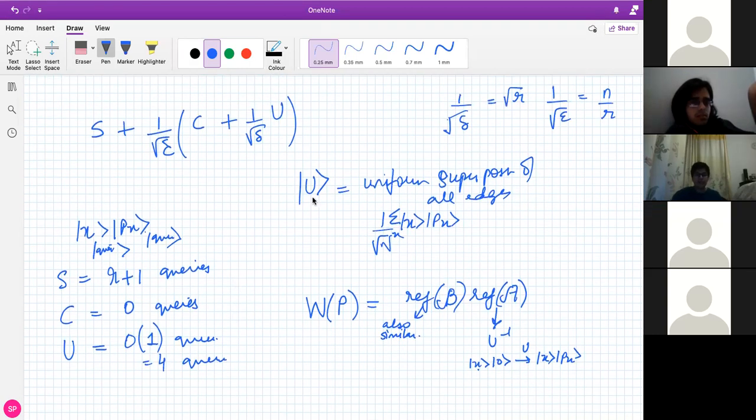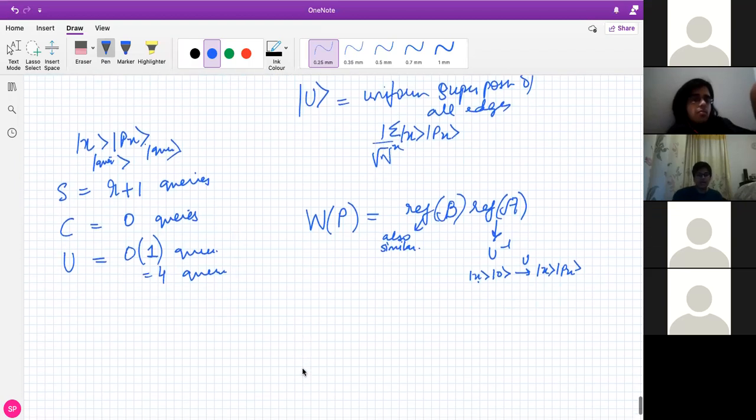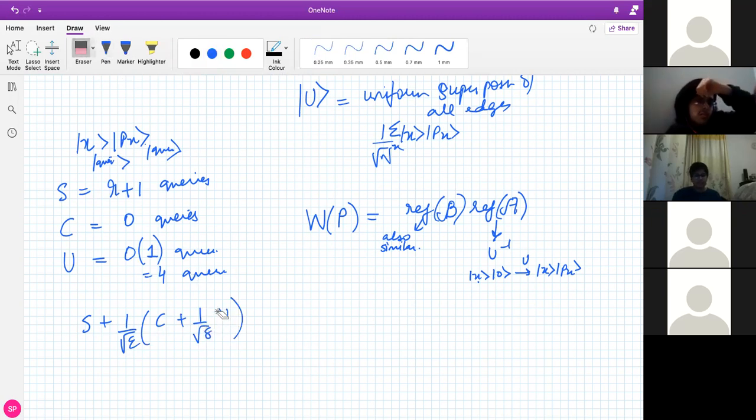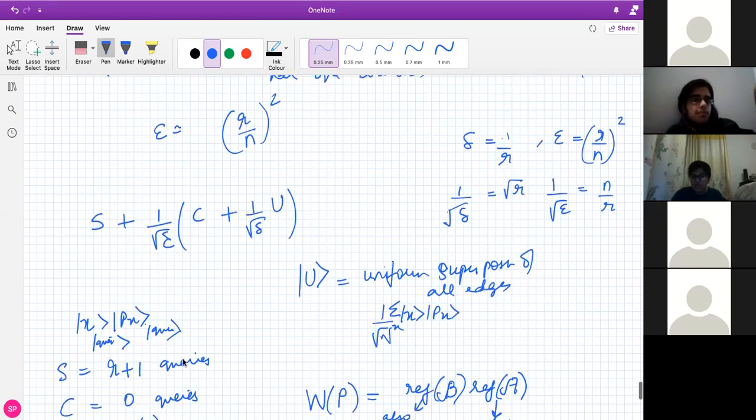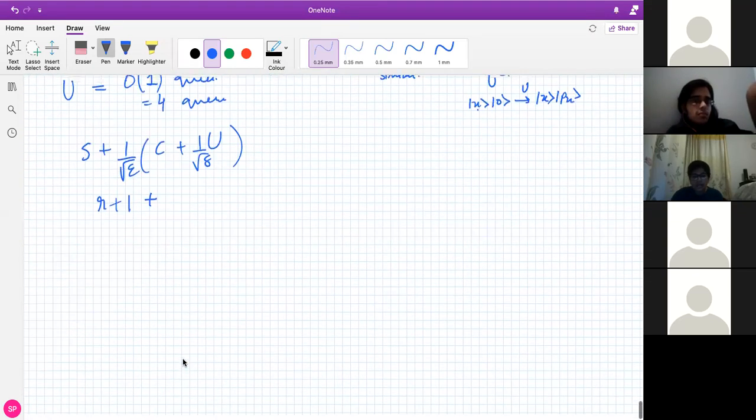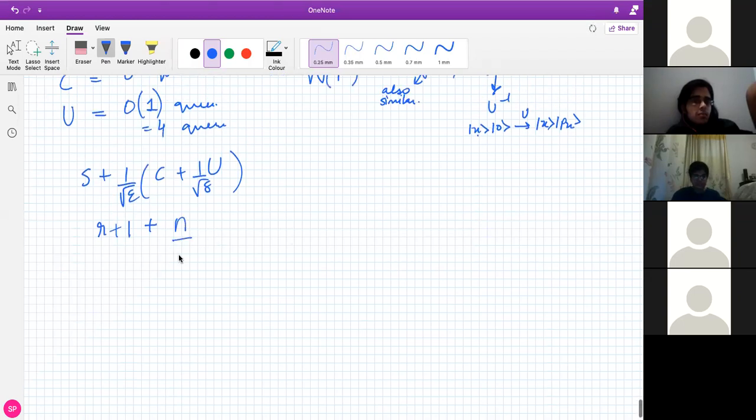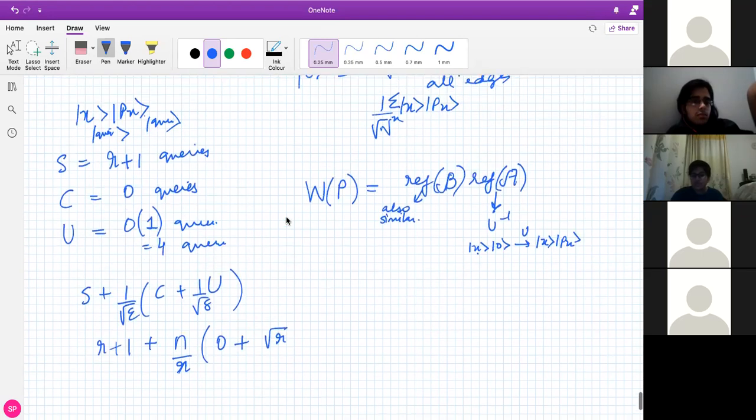So plugging this back into this formula, what do I get? The formula is 1 by root epsilon times C plus 1 by root delta times U. Plugging back in, I get r plus 1, plus 1 by root epsilon, which was how much? n by r, into zero plus, this was root r, if I'm not wrong.